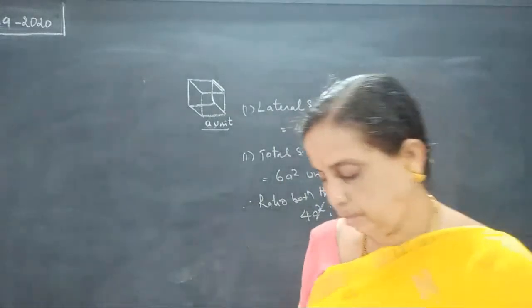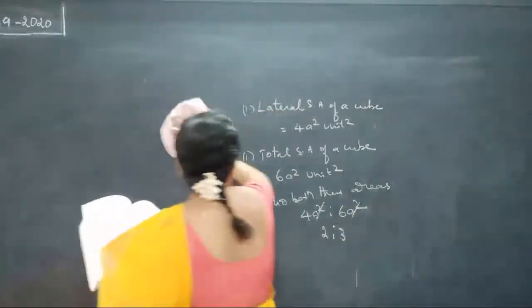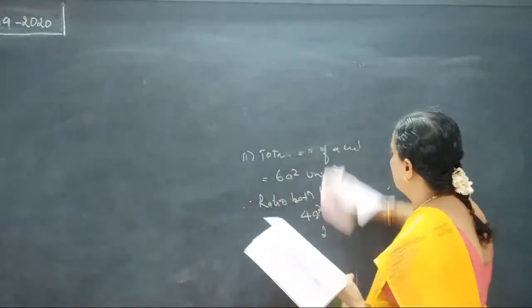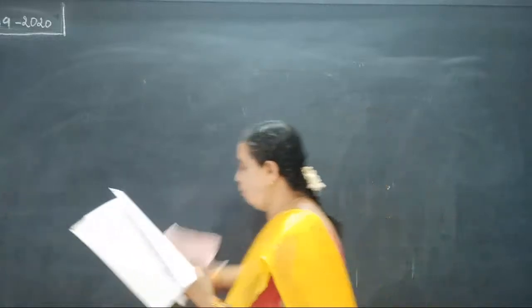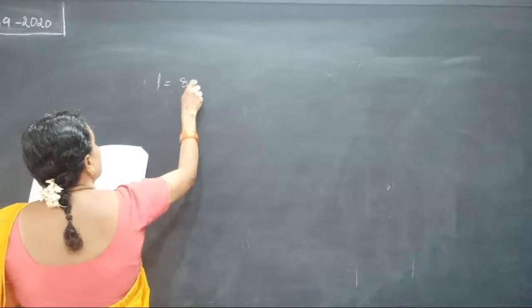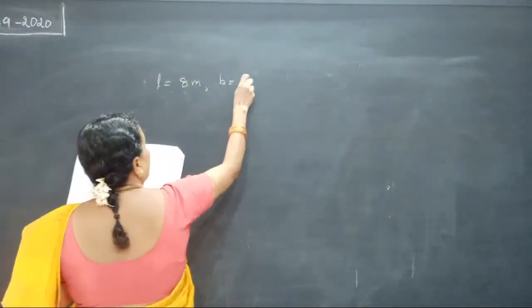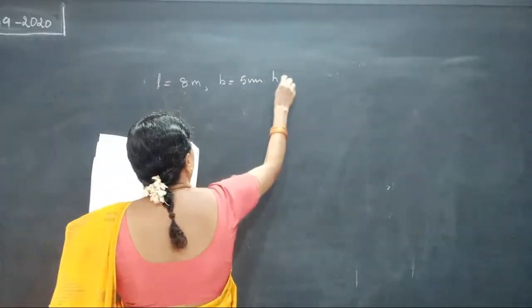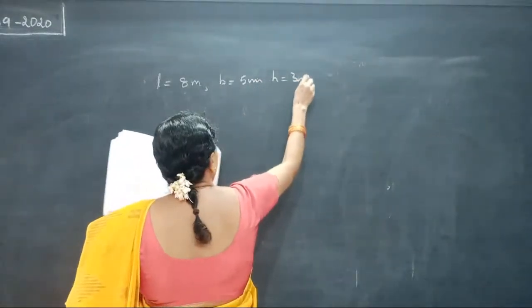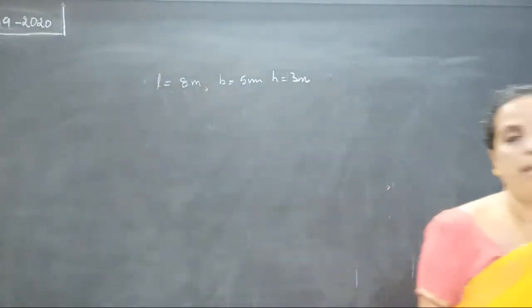Right? The length, breadth and height of a room are: length is 8 meter, breadth is 5 meter and height is 3 meter. Okay.